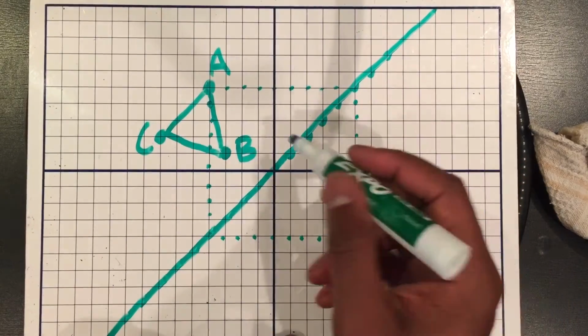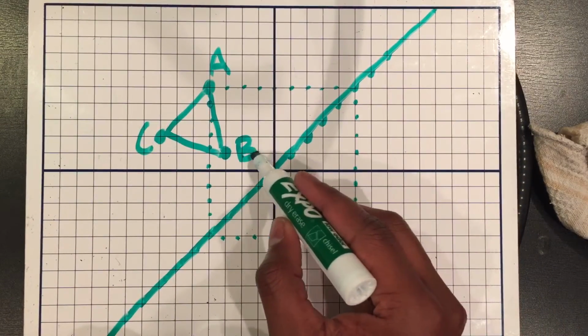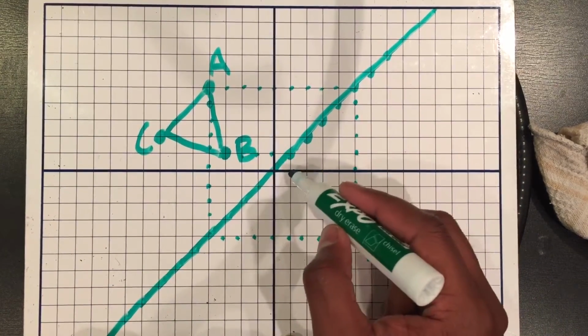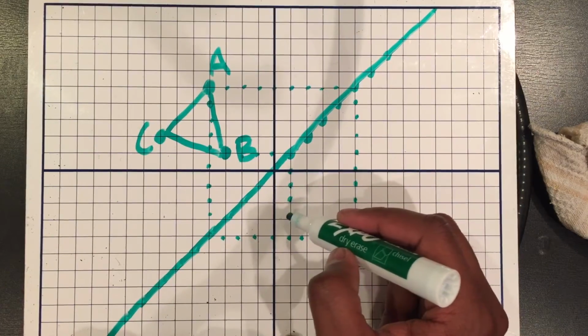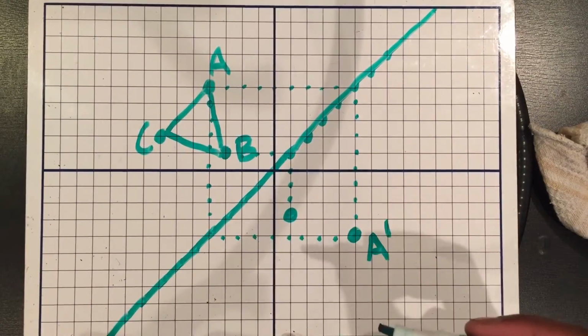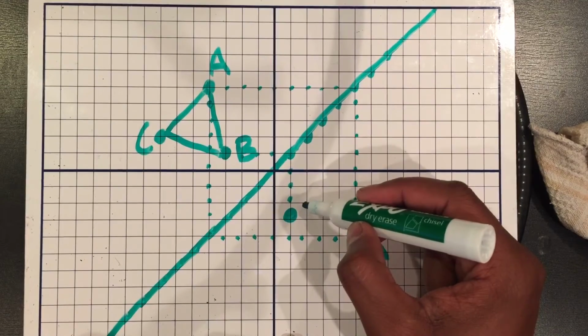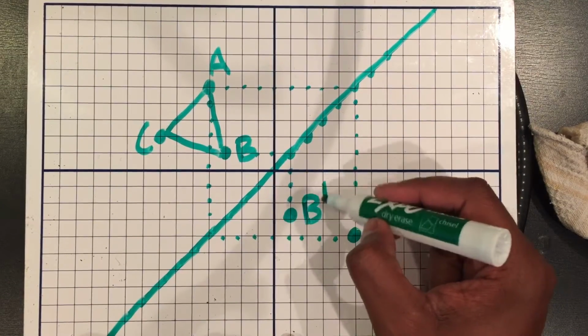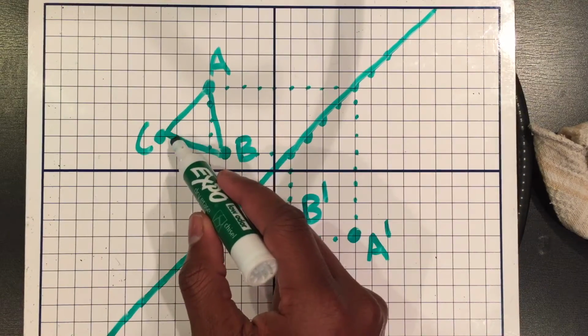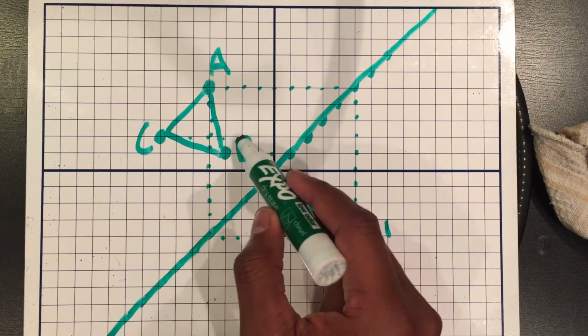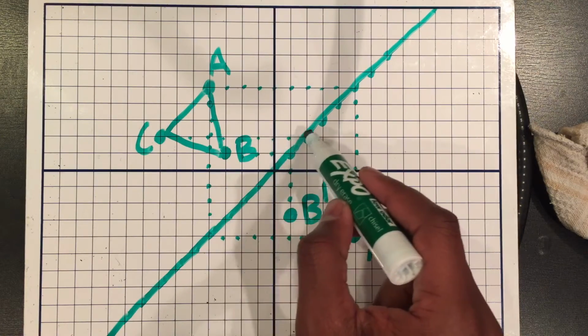And we could do a similar thing for B, where B is 1, 2, 3, 4, and we go down 1, 2, 3, 4, recreating a spot where B goes. So we'll call that coordinate B prime. And for C, we could do the same, where we have 1, 2, 3, 4, 5, 6, 7, 8, 9.